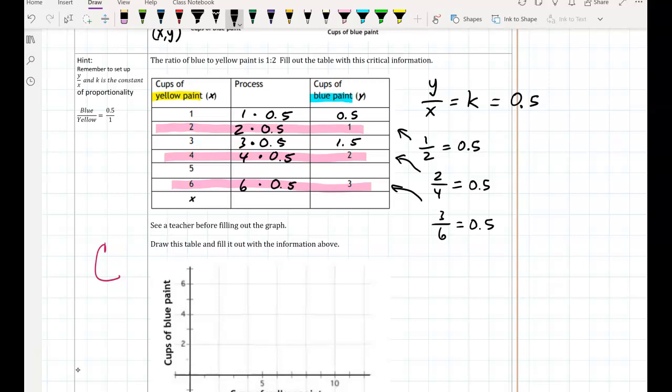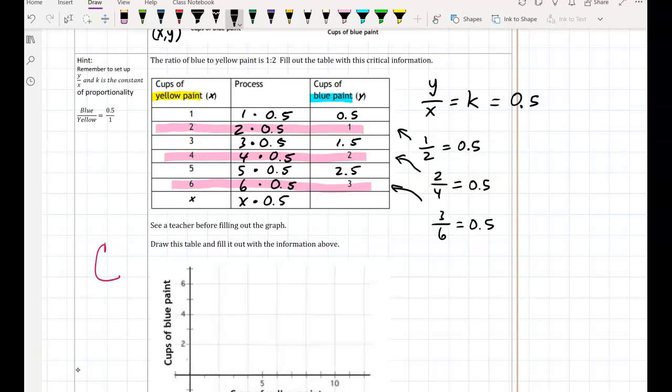Here, this empty spot, what's 5 times 0.5? It's 2.5. Now, what are we going to put here? Well, we've gone 1, 2, 3, 4, 5, 6, and all of them times 0.5. What happens when we put an x there? That's correct. We're going to put an x. We're going to multiply x times 0.5.